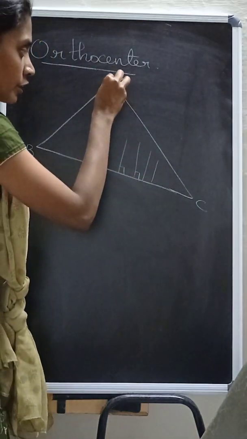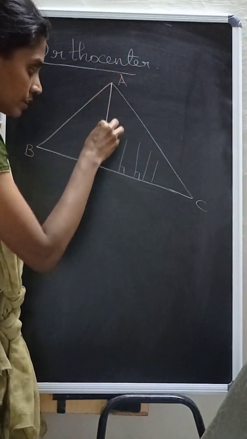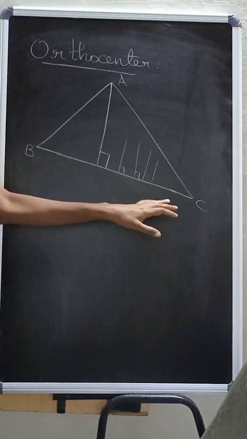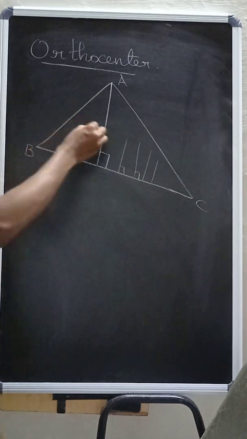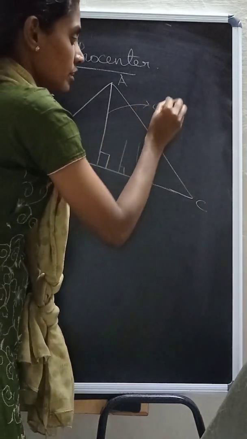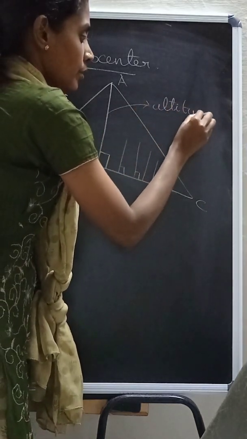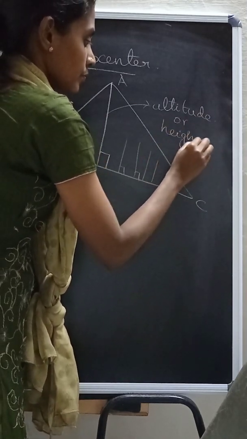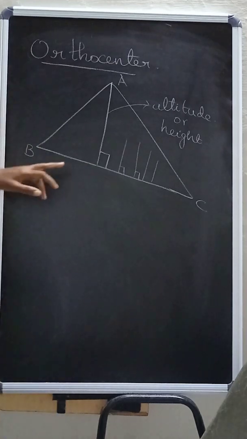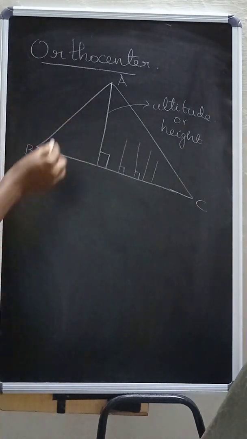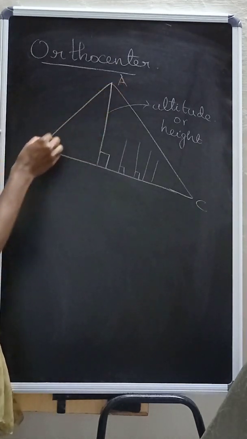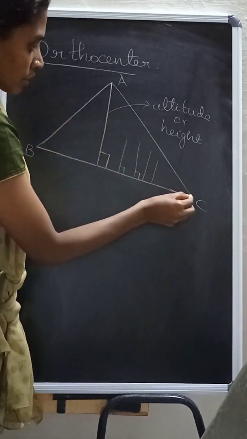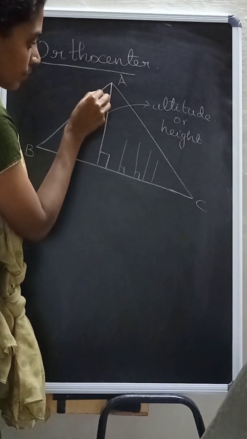But from the point A, if you draw a line perpendicular to the opposite side BC, this is called as your altitude or the height of the triangle. These altitudes, you can draw three altitudes like this. For AB, you can draw an altitude joining C.